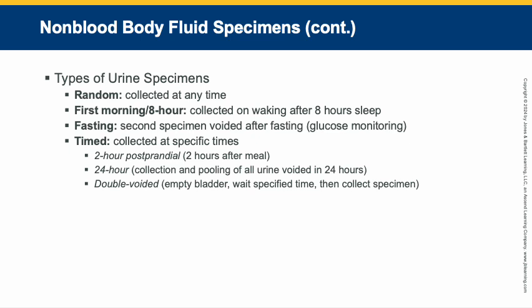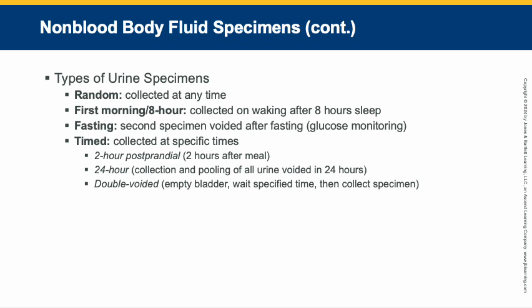Okay, the non-blood specimens of urine, the different kinds. Let's talk about those for a minute. Random urines, these can be collected at any time. Usually these are the most convenient type of specimen for patients. They're primarily used for a routine urinalysis and screening test. The next one is a first morning or 8-hour urine.